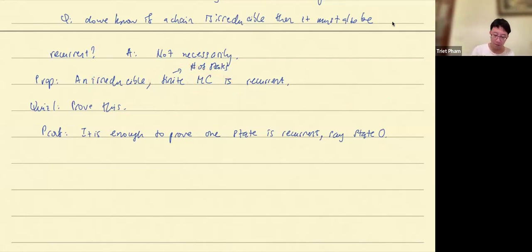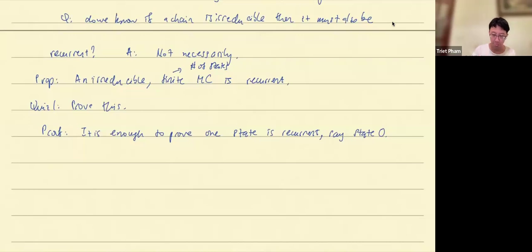And let's say this. Let's suppose, by contradiction, that state 0 is transient.